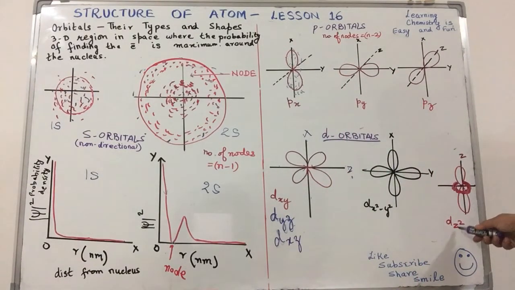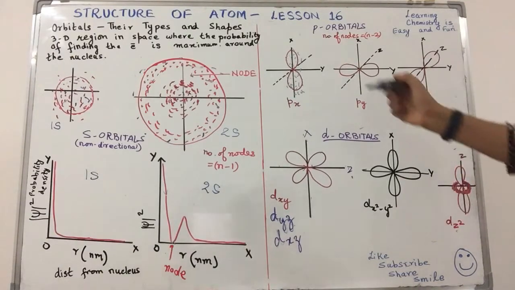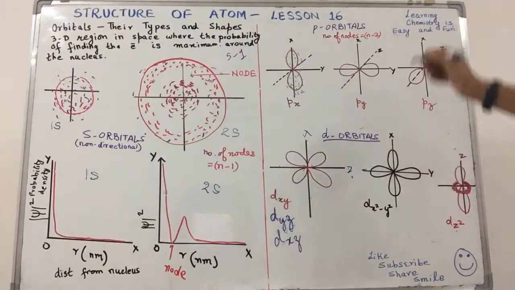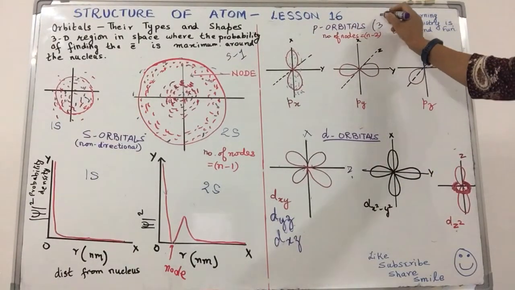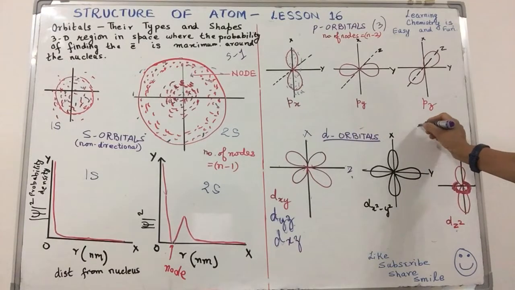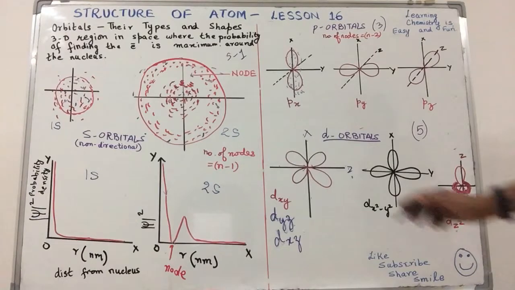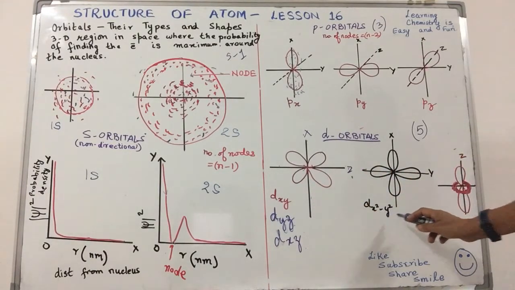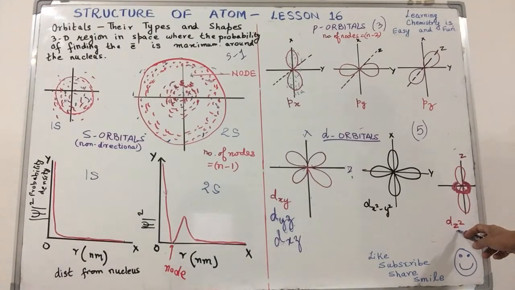That's the fifth orbital. So as we said, s orbitals are only 1. If I am saying p orbitals, there are 3 p orbitals. If I am saying d orbitals, there are total 5 d orbitals: dxy, dyz, dxz, dx2 y2, dz square.